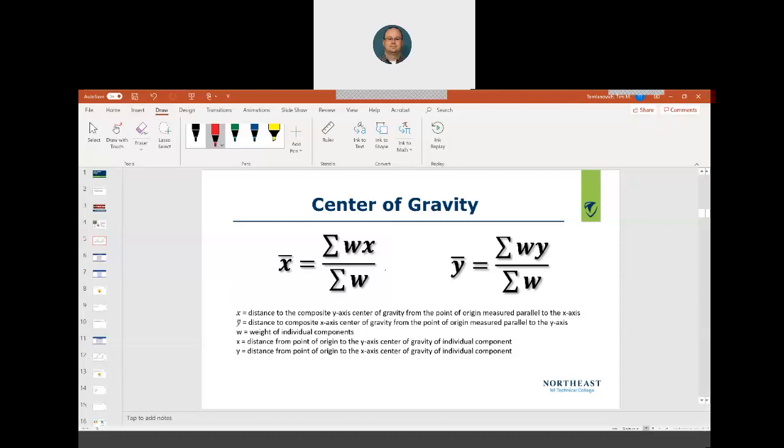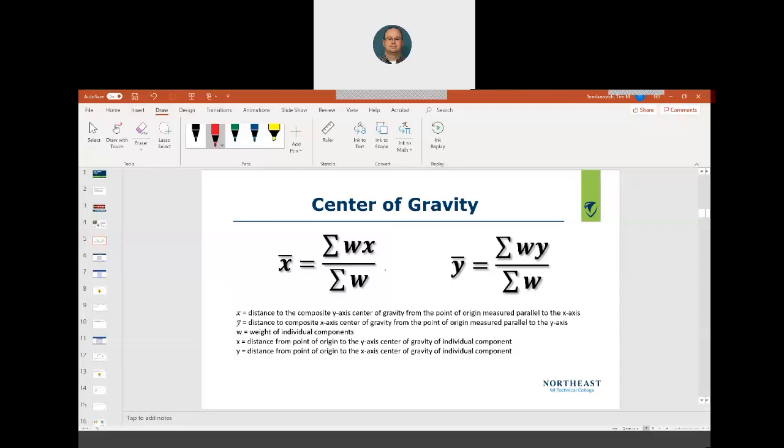When I say composite, that means it's the entire object. When I say component, that means we can break that object up into individual components like triangles, circles, rectangles, because we know where the center of gravity of those are. Y bar is the distance of the composite XX center of gravity from the point of origin, measured parallel to the y-axis.